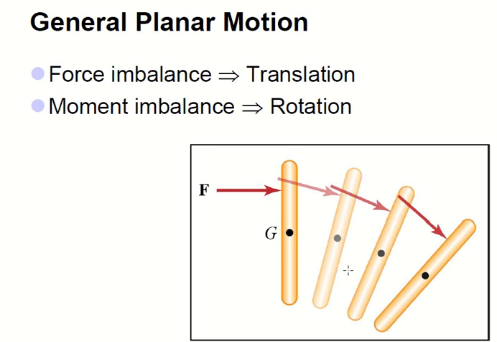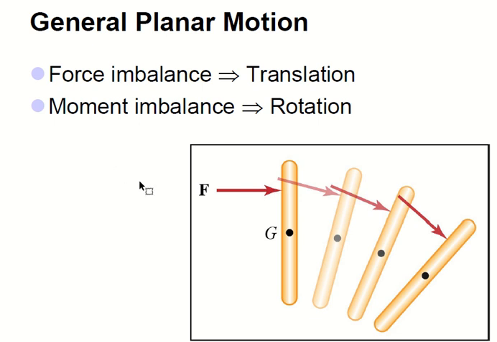So when your moment has a problem or issue, your object is going to go into rotation. So we have to make sure that we get this moment correctly in the object or any structure that we attempt to stabilize.